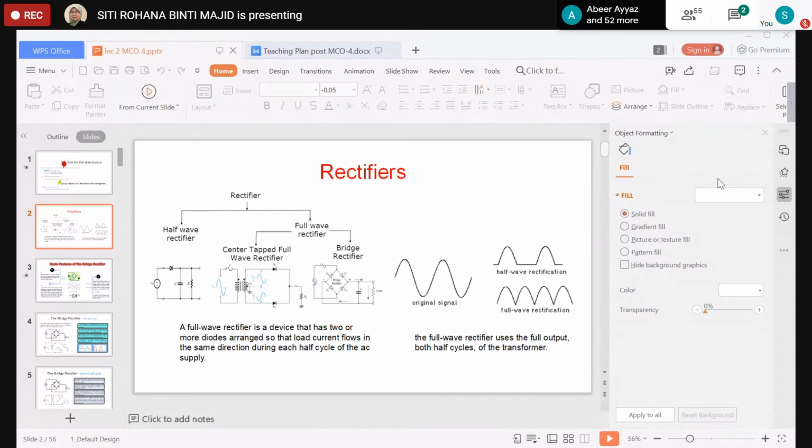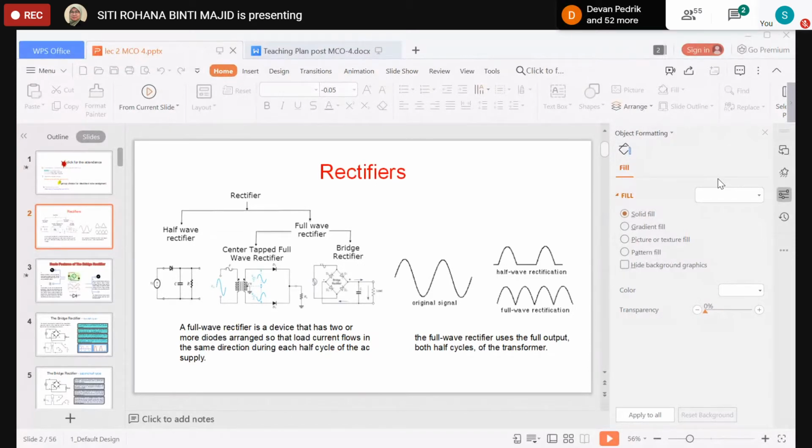So if the transformer is working very well, there is a positive terminal at point A. Here is our point A, and a negative potential will be supplied to point B because of this power supply.